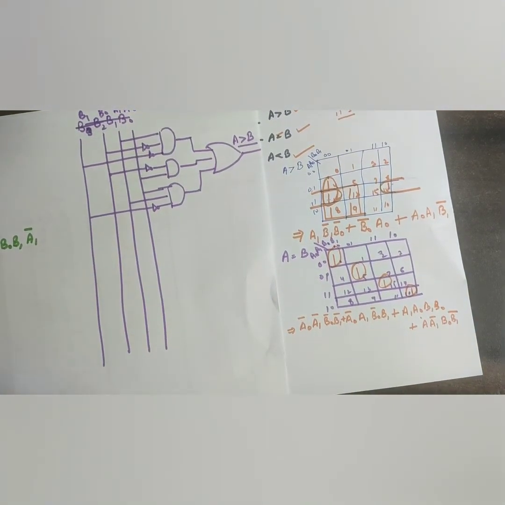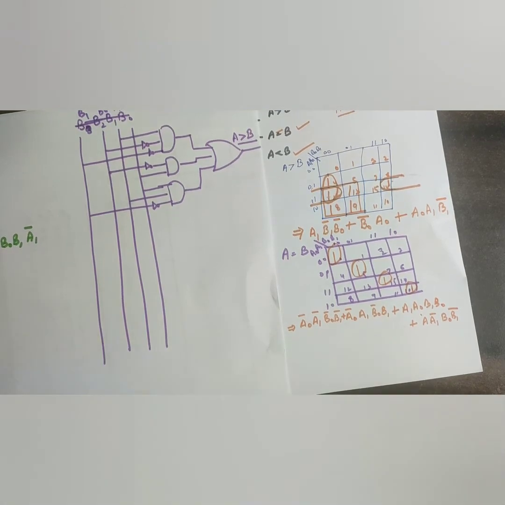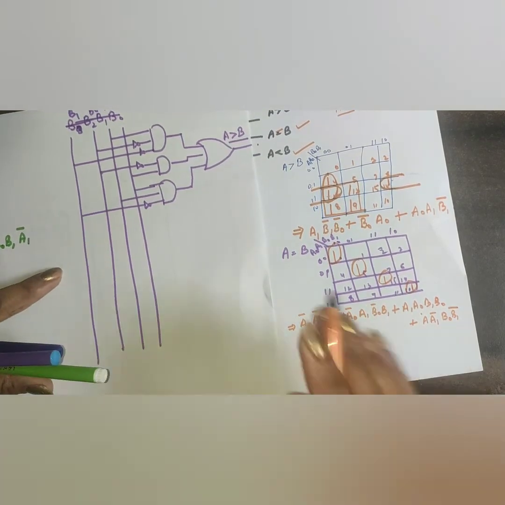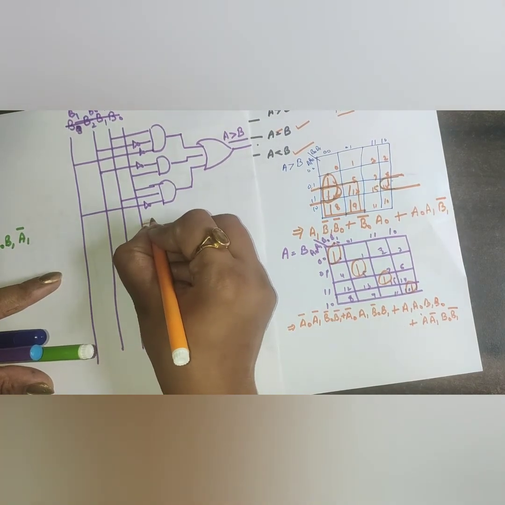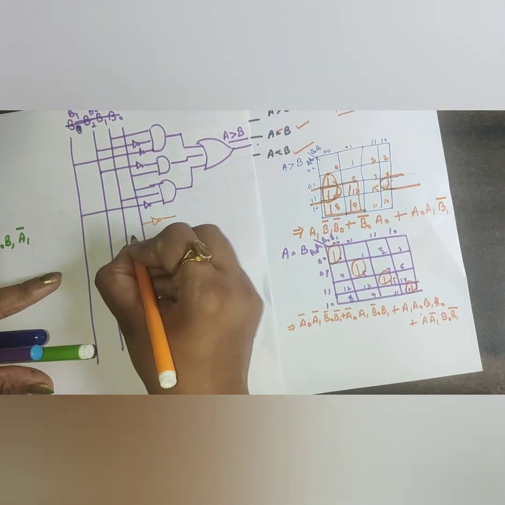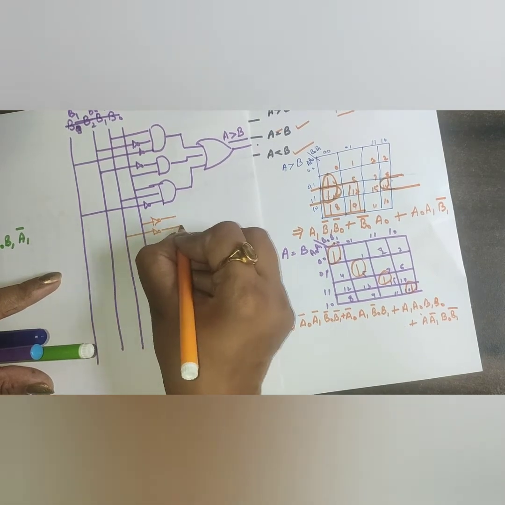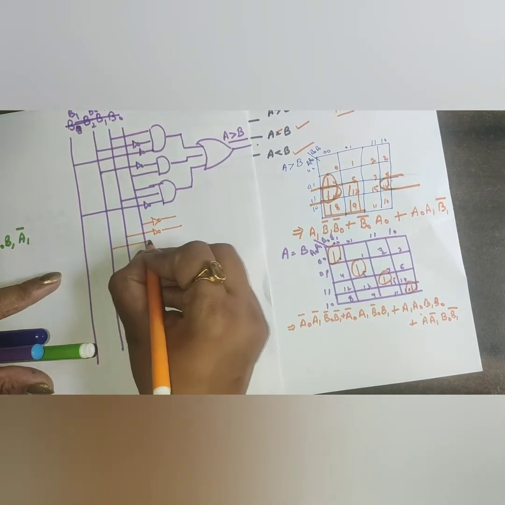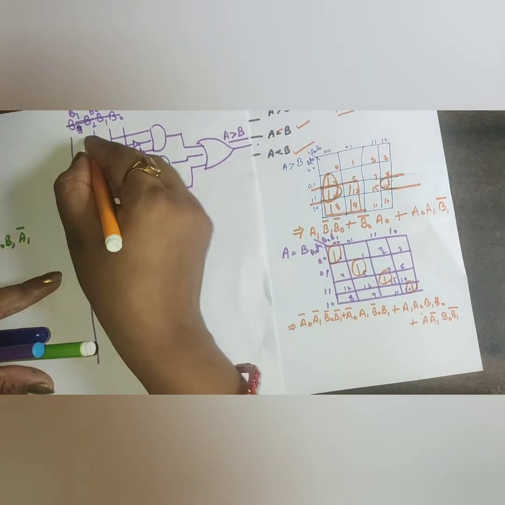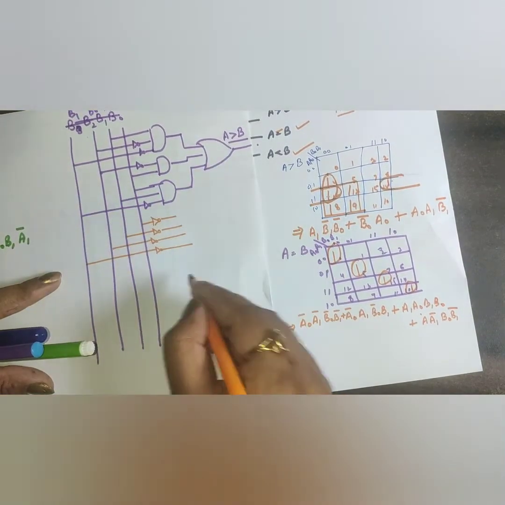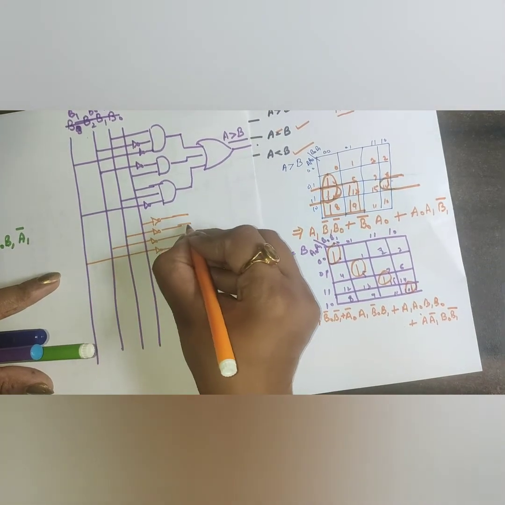Now you will make another, that is A equal to B. That will be A0 bar, A1 bar, B0 bar, and B1 bar. You can also make a bar line here, and you can take the inputs from there also.